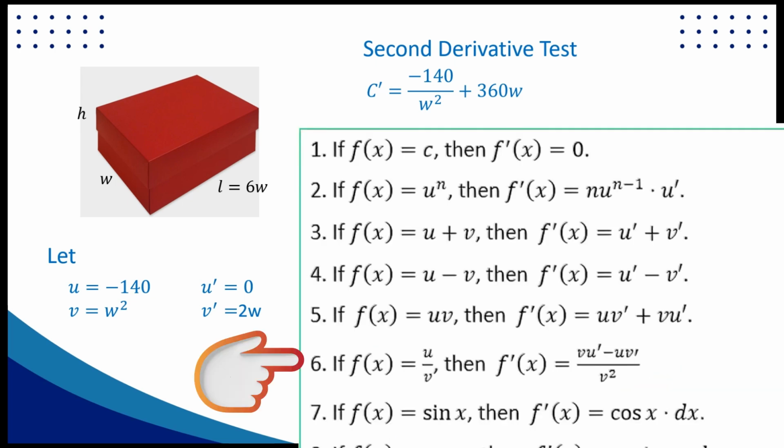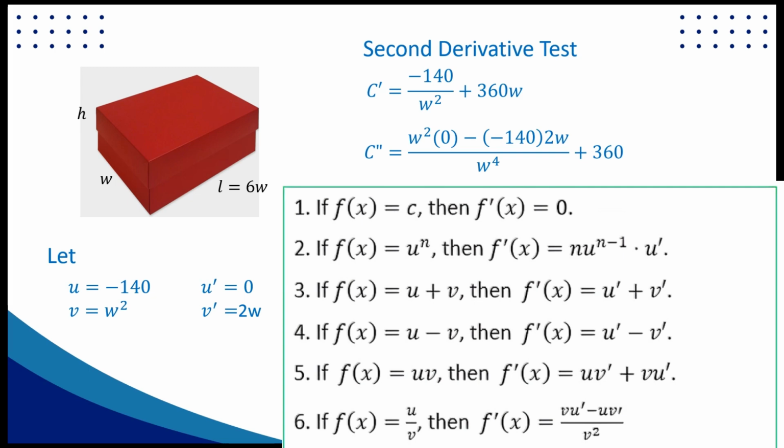Applying the quotient rule for differentiation, we get W squared times 0 minus negative 140 times 2W all over W raised to the fourth power. For the second term, its derivative is 360.